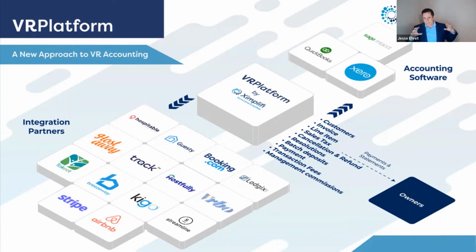We use all of those different integrations to bring in the data. We call it right sizing the data. And that is going to support, obviously, the reporting back in the accounting platform, and also support your owner payments and owner statements to make sure that those owners are paid out right on time, every time, using our platform technology. Excellent. Thank you very much, Jesse.